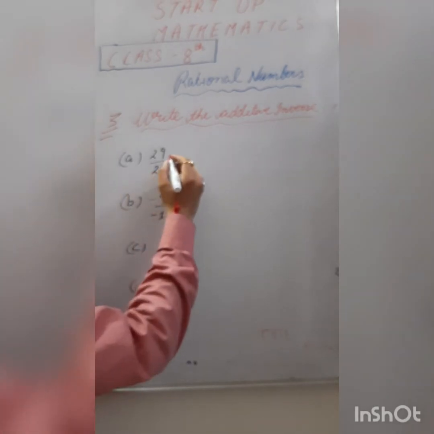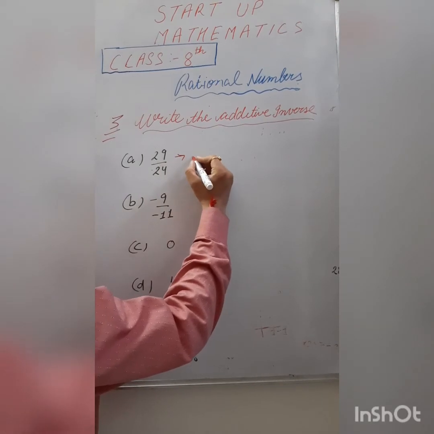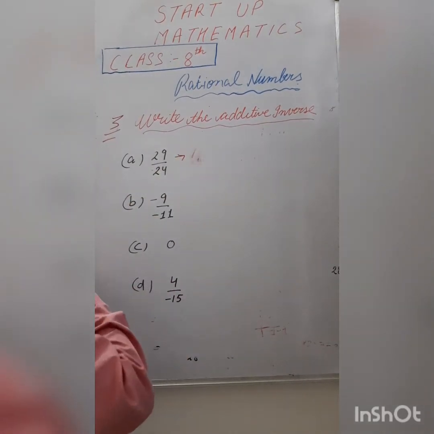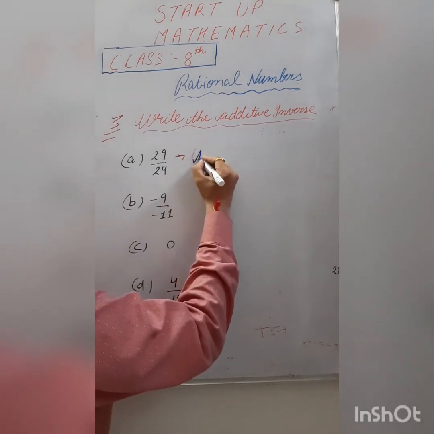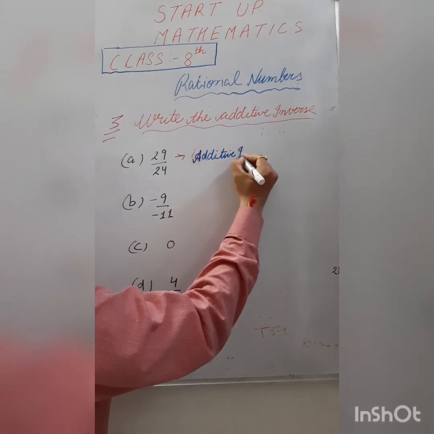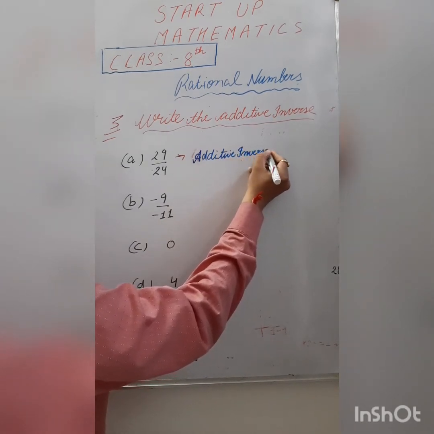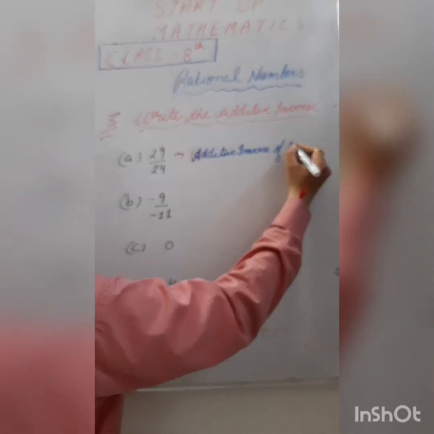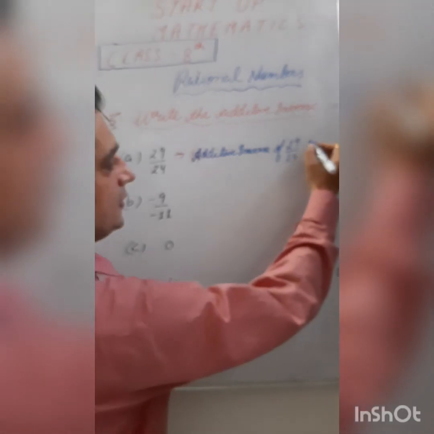So what is the additive inverse of this? Additive inverse of 29 upon 24, that is equal to, what is this number?